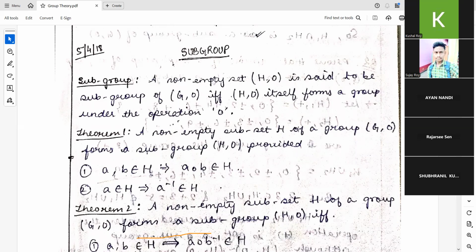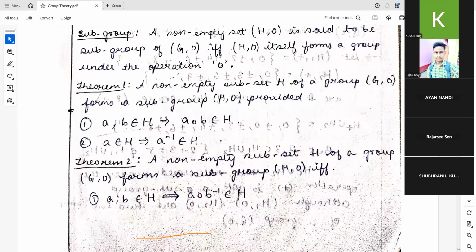If you consider any group and get a subset of that group, which again forms a group under the same operation O, in that case that non-empty set H, comma O, is called the subgroup of the given group G.